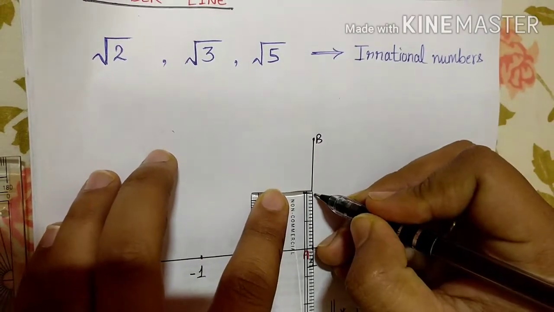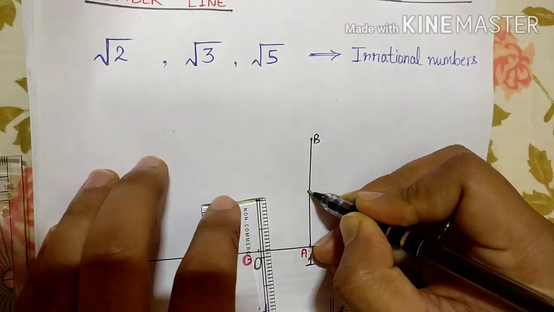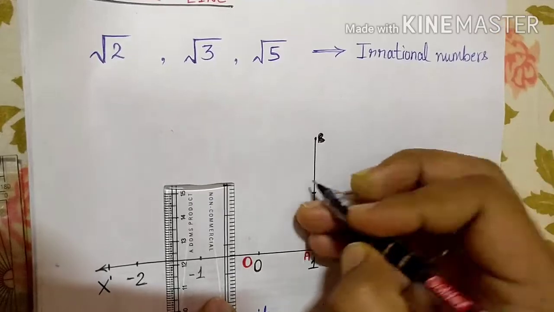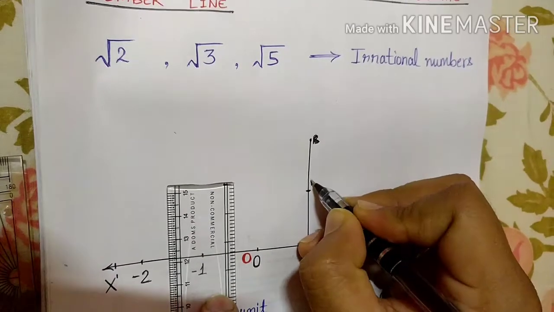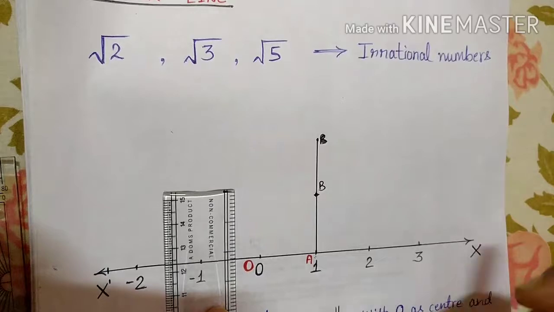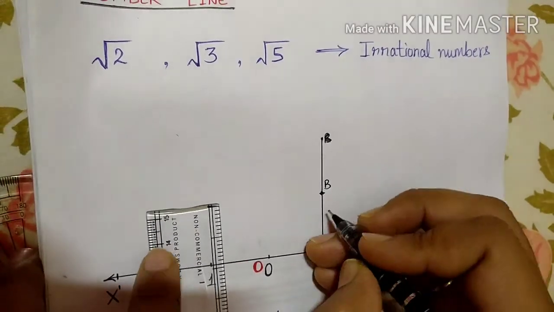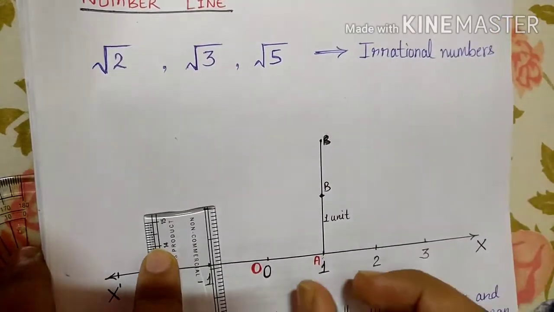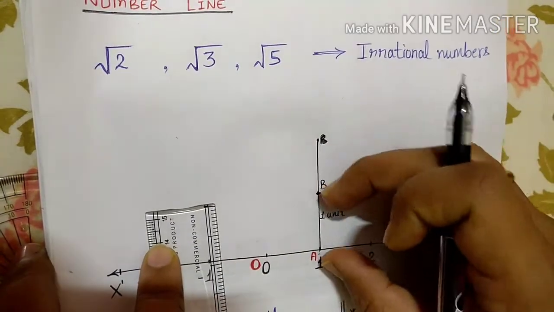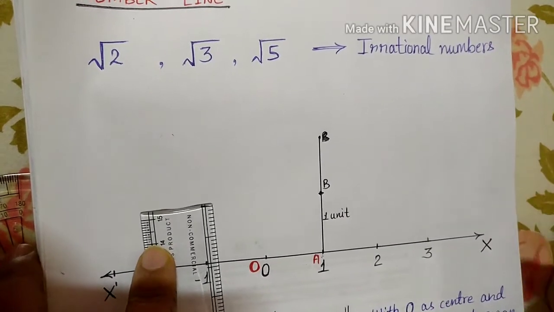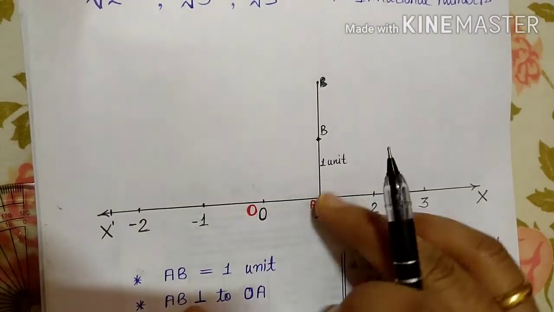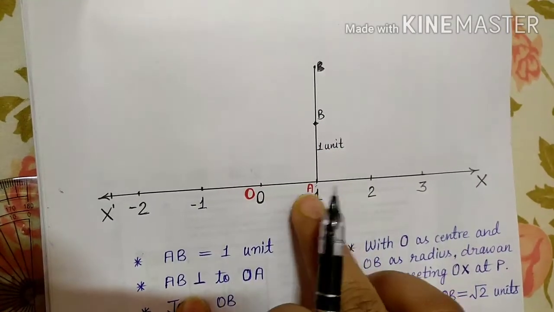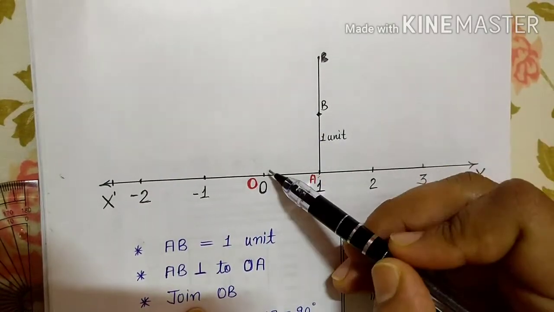This is our point B. This is 1 unit, OA is also 1 unit, and AB is also 1 unit. Now just look here. I have taken AB as 1 unit, drawn as a perpendicular on OA. Now I am going to join O to B.